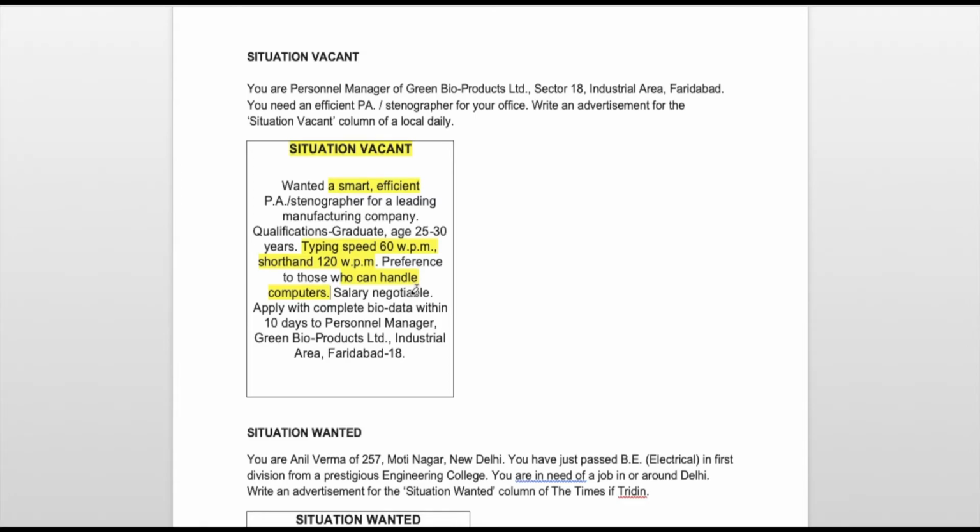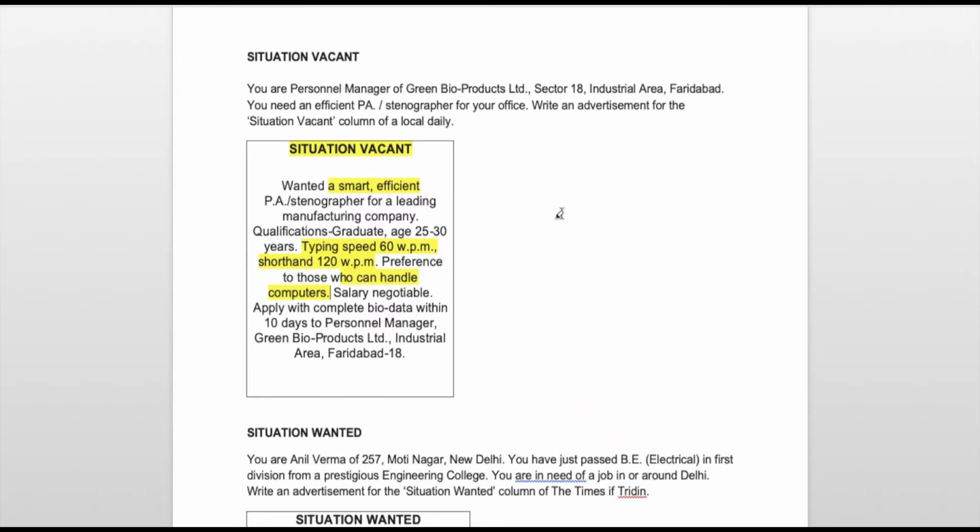So first of all, they are stating all the qualities they want in the stenographer. Then they have not written any specific salary they'll give. They're saying the salary is negotiable, and then they are ending the advertisement saying that anyone can apply with complete biodata within 10 days to the personal manager. Now from this word we see that the personal manager is writing this advertisement.